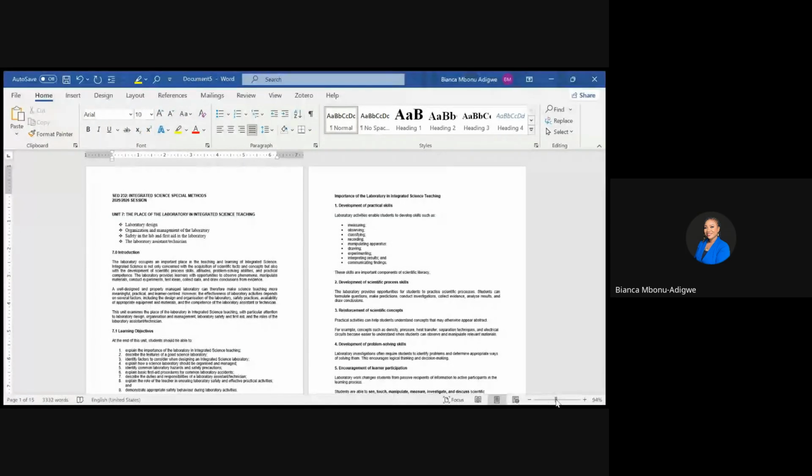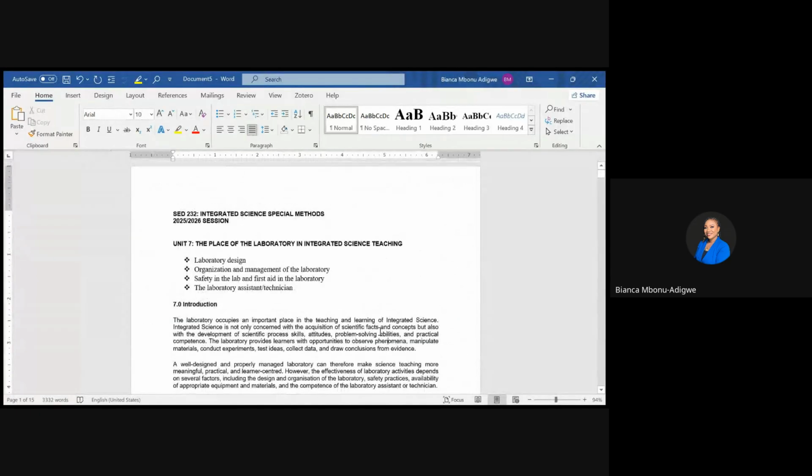Let's see what we're going to be looking at here. Okay, so if you can see my screen, can you see my Word document? I'm using two devices. I can't see it on the other one, so I would need confirmation. Cynthia, please unmute yourself and tell me if you can see my Word document.